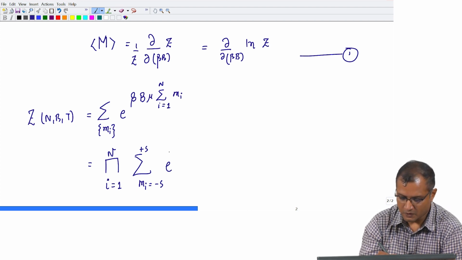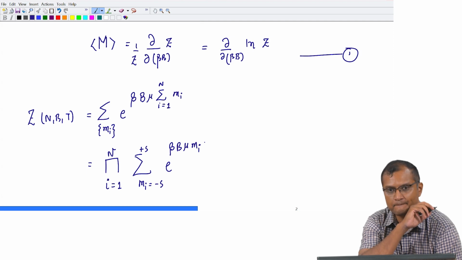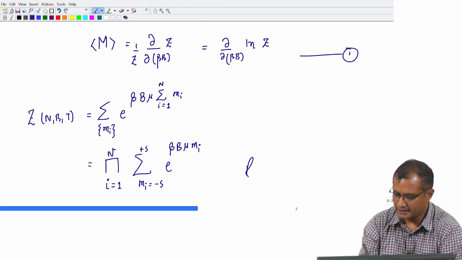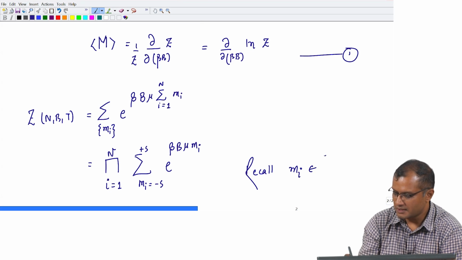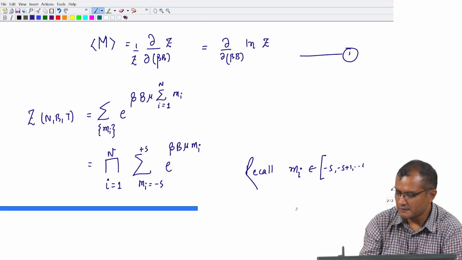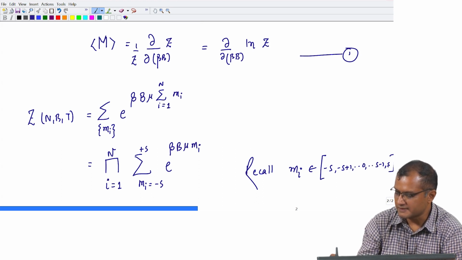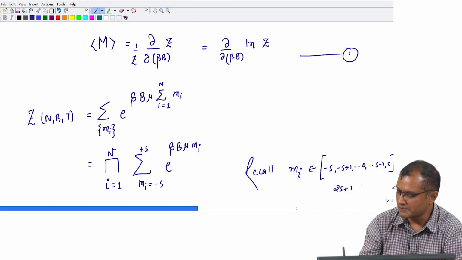I will sum up over all these exponents. Please recall that our excitations are from the set minus s to s, 2s plus 1 values.